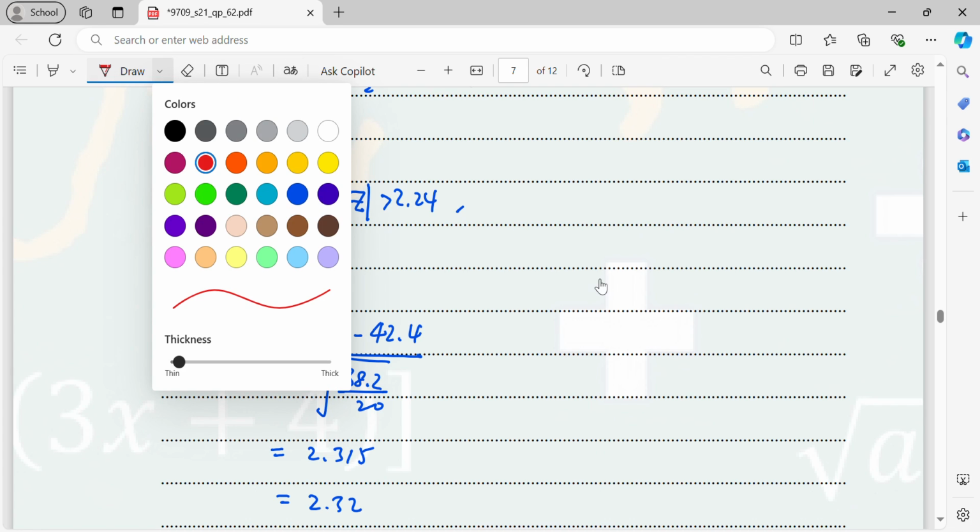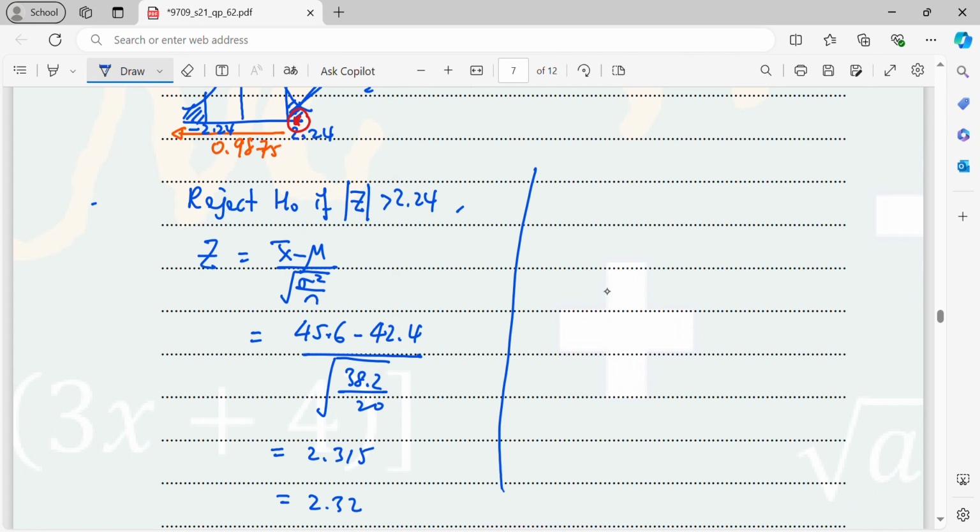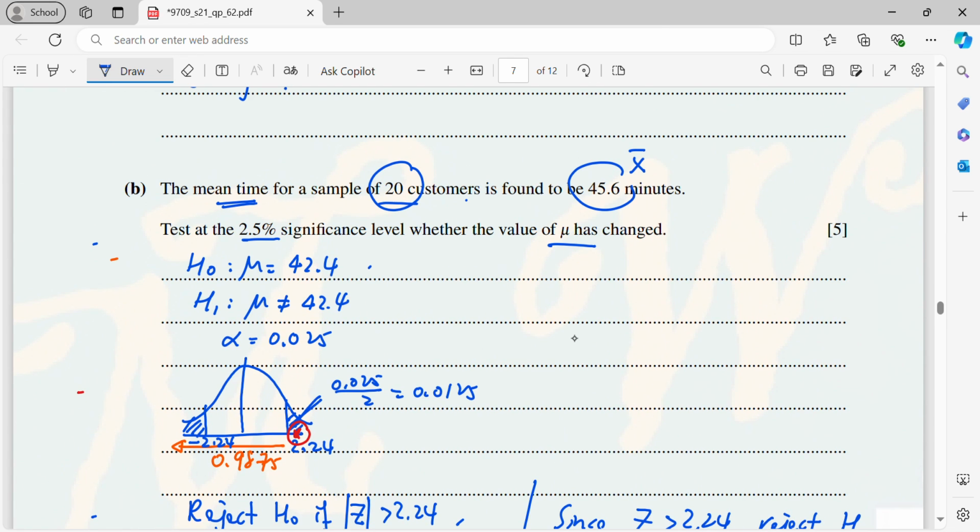So I will write down the decision and conclusion over here. You write, since the Z is greater than 2.24, therefore we reject H0. This is the decision. So when we reject H0, going back to your H0, that means it has changed, right?